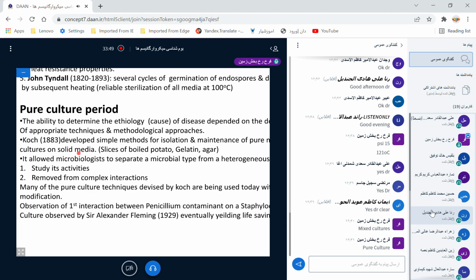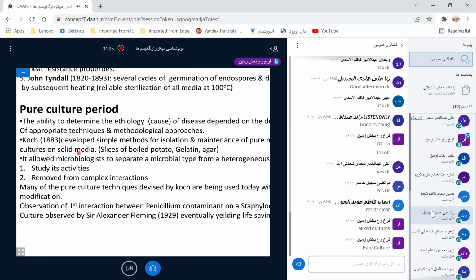But if you have pure culture and you want maximum growth, maximum enzyme production, maximum motility, the best situation is in liquid media.